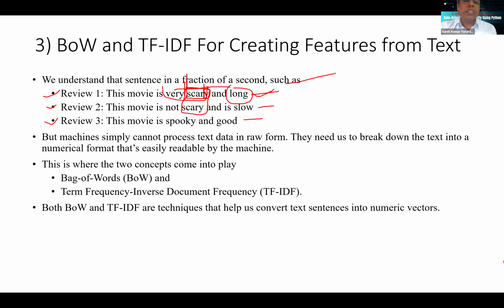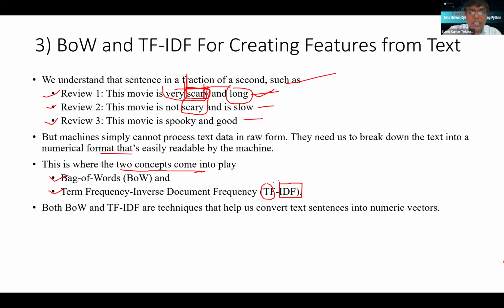But how will the computer tell? Let's understand this thing. To convert it, we have to break it down into numerical format that I have discussed. And then we have two concepts. One is bag of words, BOW, and second is term frequency inverse document frequency. Two methods are there.